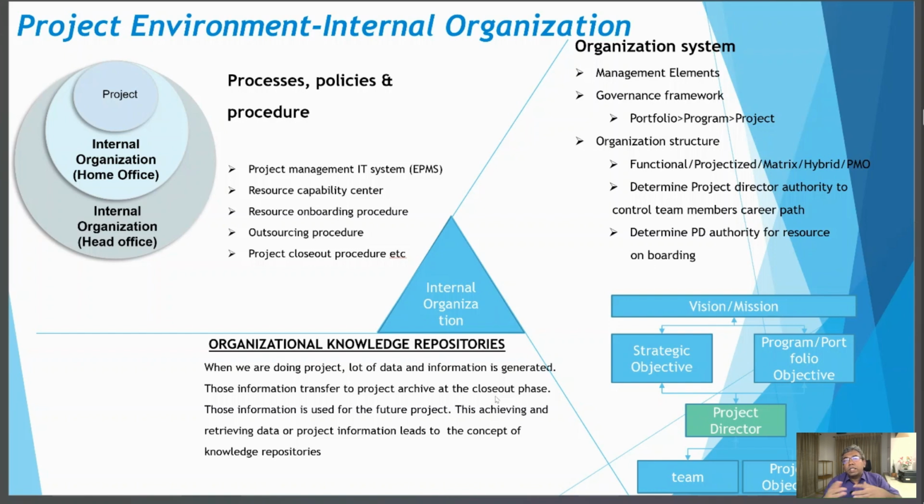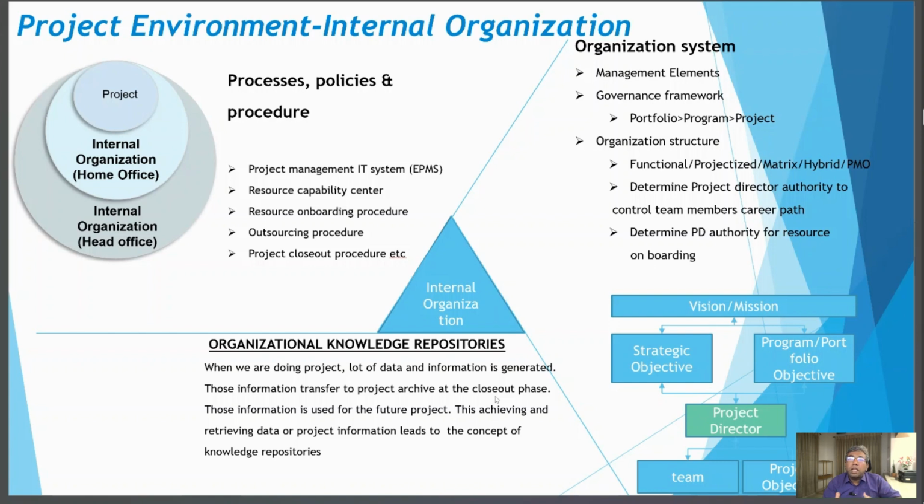Okay, so the project director should be well aware of the vision, mission, and objectives so that he can understand the requirements for the project from the organization, and he can also share that knowledge with his project team so that they can understand what your organization needs from your project.